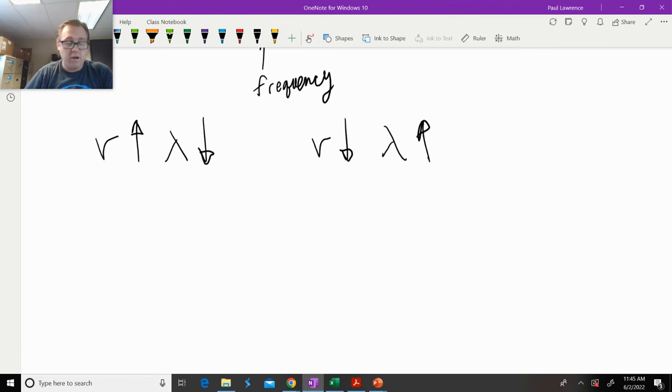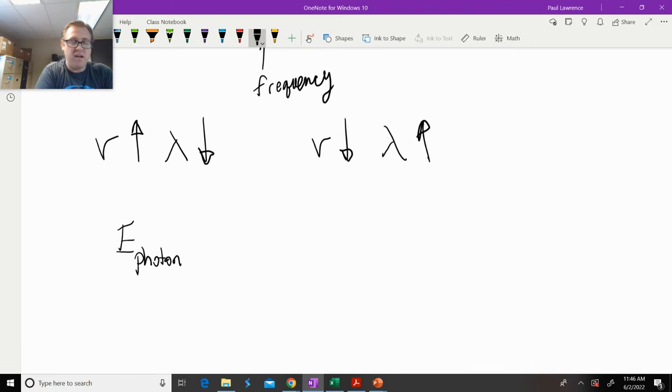Now, if we look at light as a particle, we have to use this equation right here: the energy of a photon. The photon is the particle that is describing light. So light now behaves as a photon.